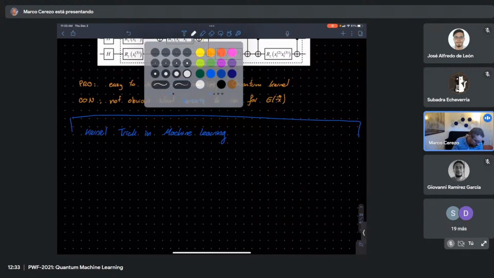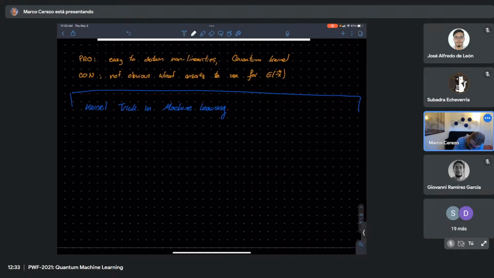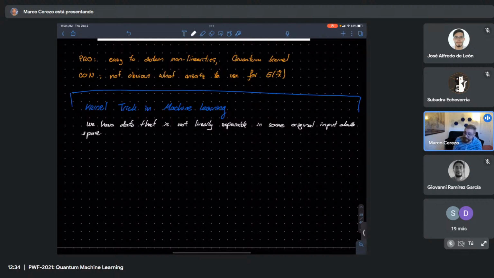The kernel trick is, imagine that we have data that is not linearly separable in some original input data space.